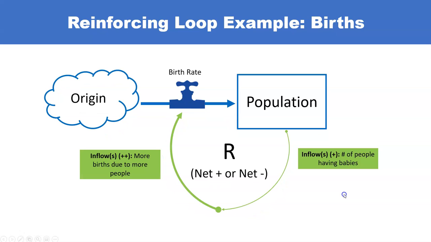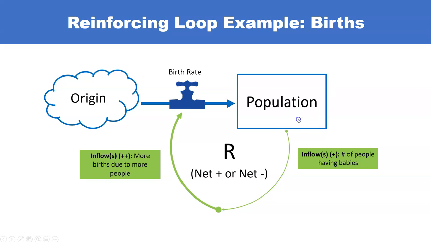So let's use births as an example of what a reinforcing loop might look like. The stock here is population. The population started out somewhere, and then there is some kind of delivery mechanism for the population to increase or decrease. This is one system dynamic of population, there are others.